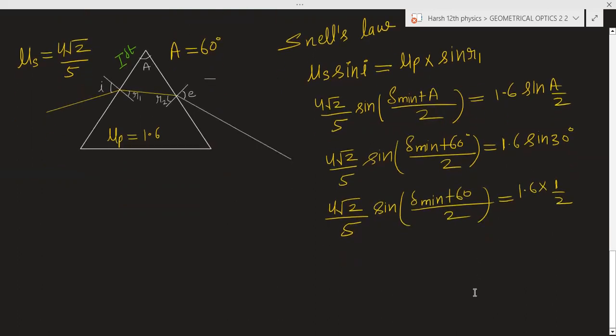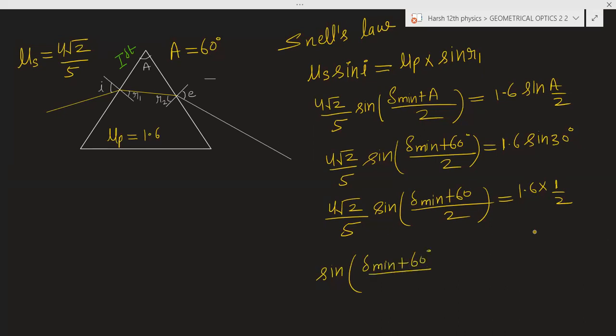So you can just solve it now. It is better to take all these on the right. So you will have sine of (delta minimum plus 60 degrees) divided by 2 is equal to 1.6 multiplied by 1 by 2 multiplied by 5 divided by 4 root 2.